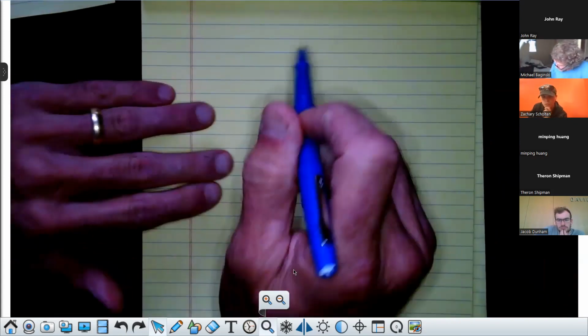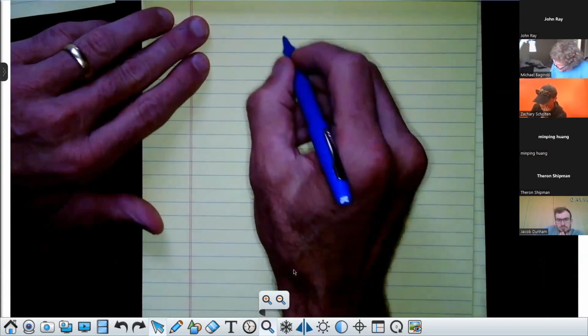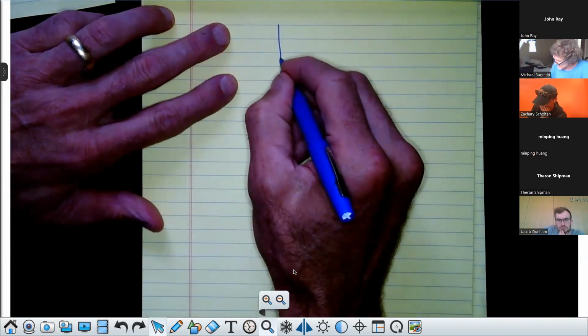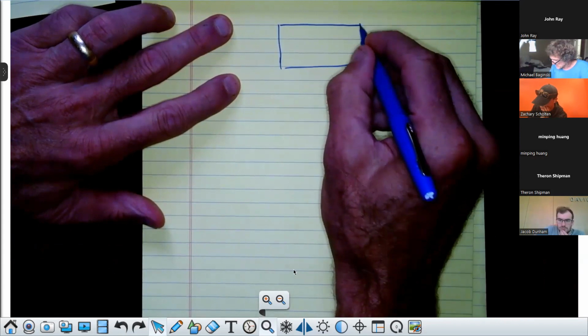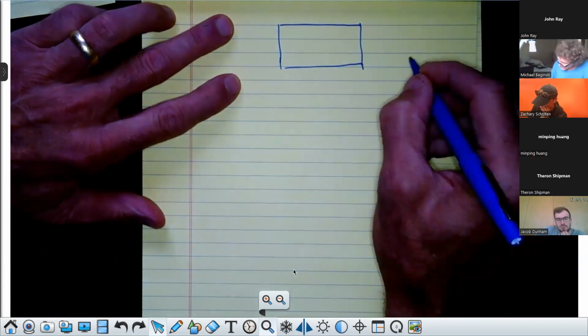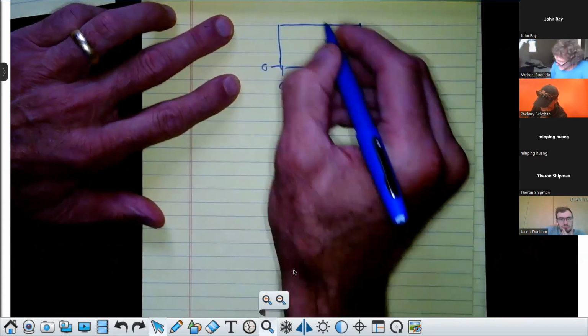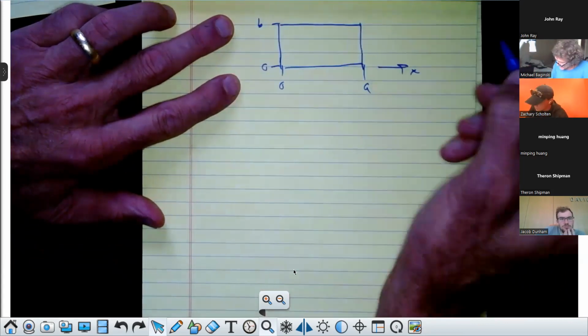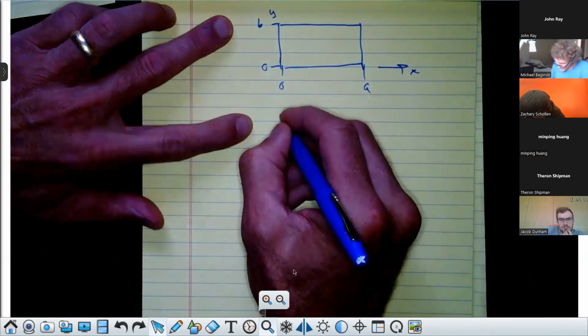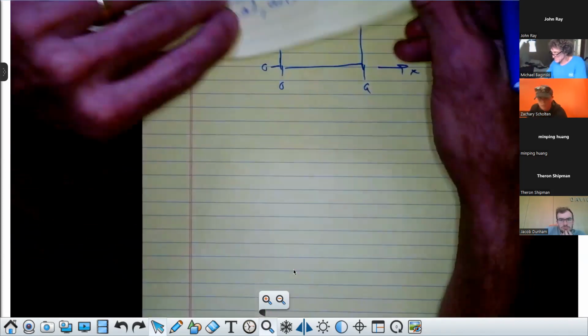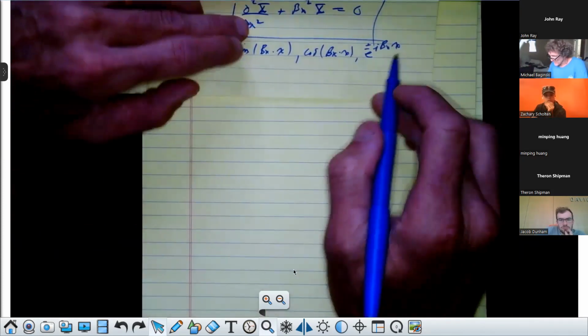When I look at the waveguide, remember that the E field I'm talking about is EZ. This is 0, this has dimension A, and this is the X direction. This is 0, and this is dimension B, and that is the Y direction right there. And I have these possible solutions for EZ.